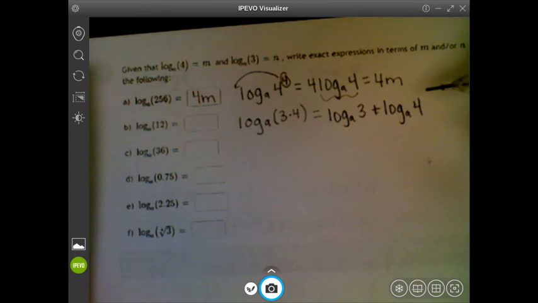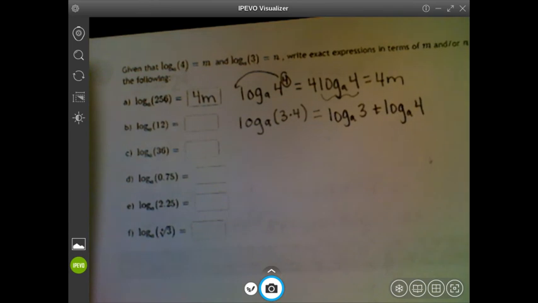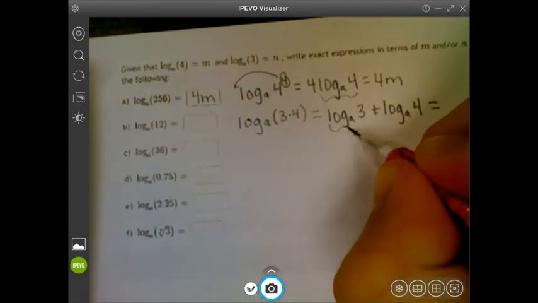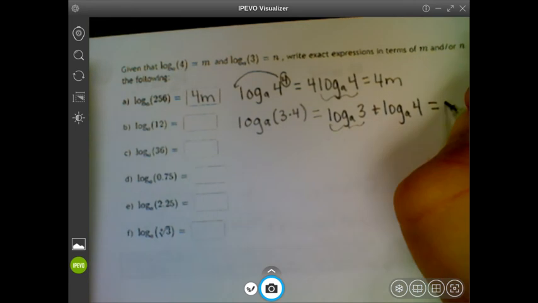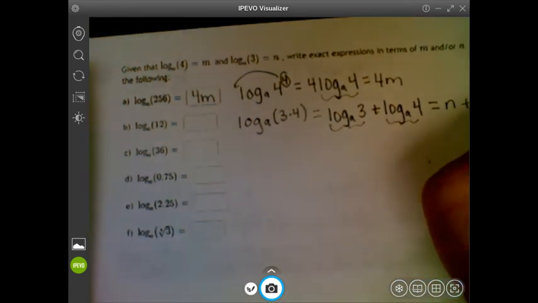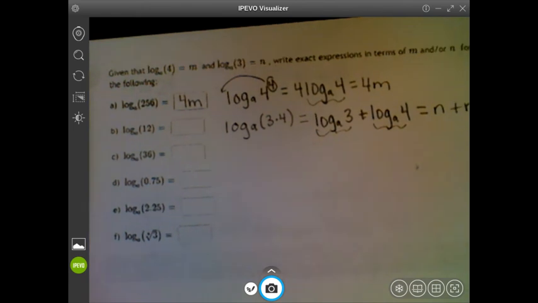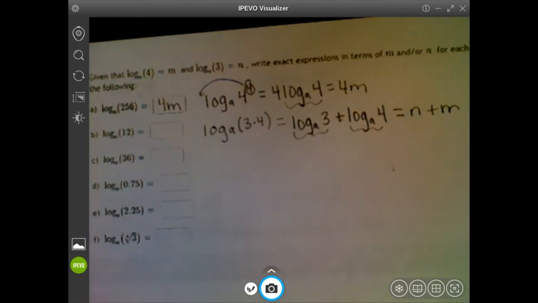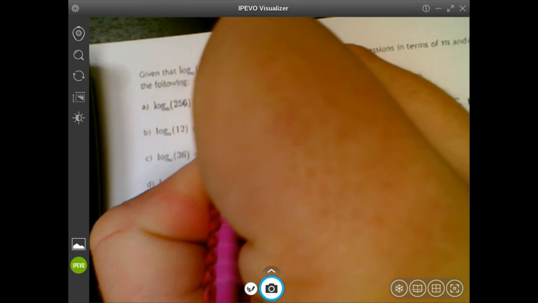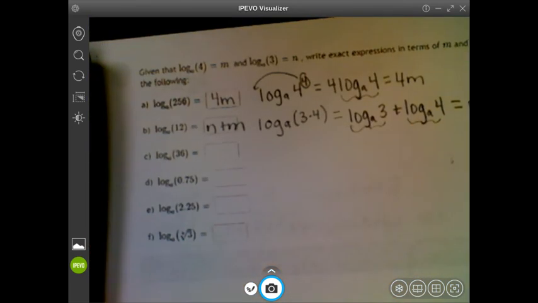So this would turn into log base a of 3 plus log base a of 4. And they tell you that the log base a of 3, that's n, and that the log base a of 4, that's m. So you can say this is n plus m. Or you could reverse them and say m plus n. That'll be the same thing. N plus m.